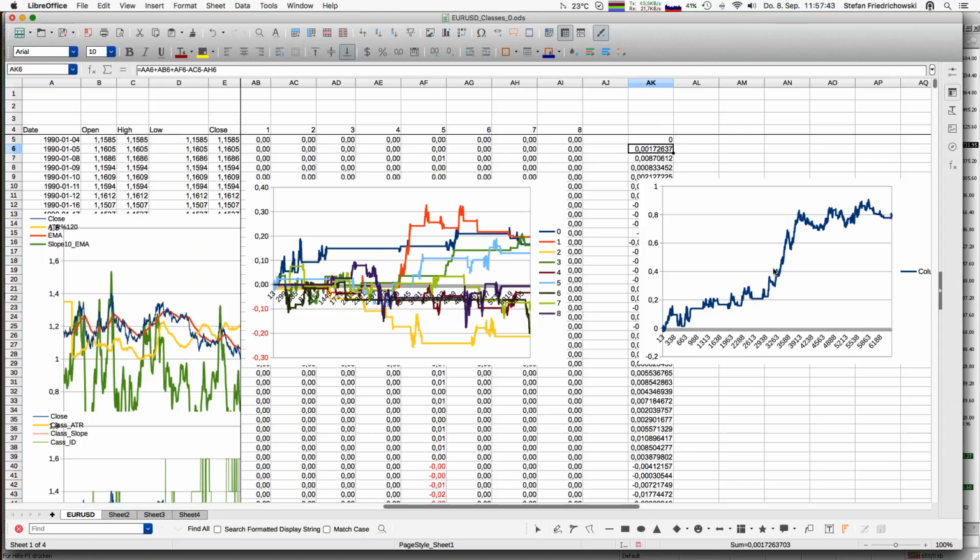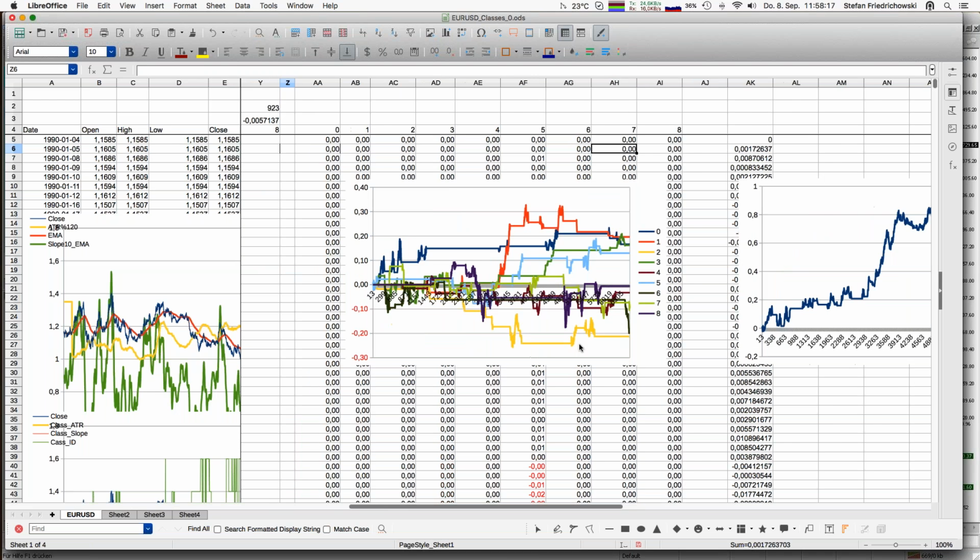It's not as good as for the DAX, but now we have a short as well, and that is something I expected, because for DAX we have more long and no shorts, simply because DAX has a long time of upwards trends, and of course Euro US dollar has both phases, going upwards, going downwards.